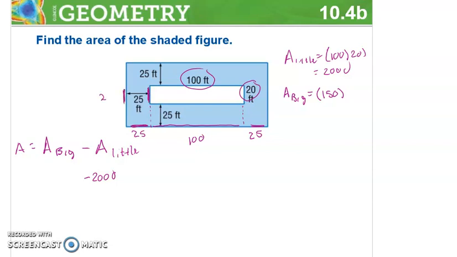So 20 of the height is the same as that whole. But then we're going to add 25 onto the top and 25 onto the bottom. So the height of this is 70. So the area of the big one is 10,500.